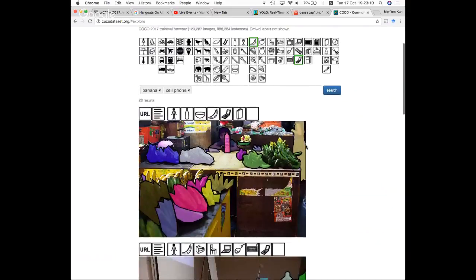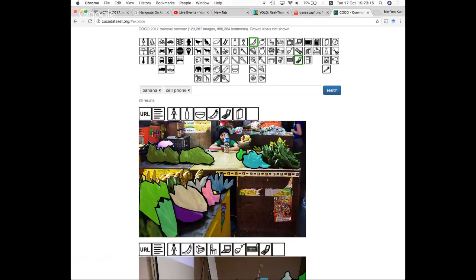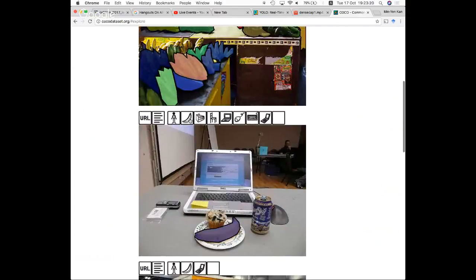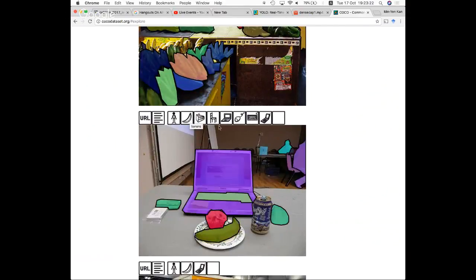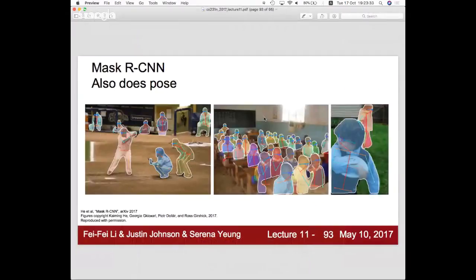The cell phone is here, it's very small, and the banana is here. It is annotated by Microsoft, so you can use it. Again, this is all supervised. You have a lot of data, you create your own architecture, and then you train it using CNNs.